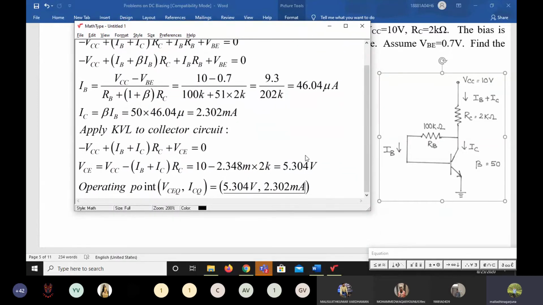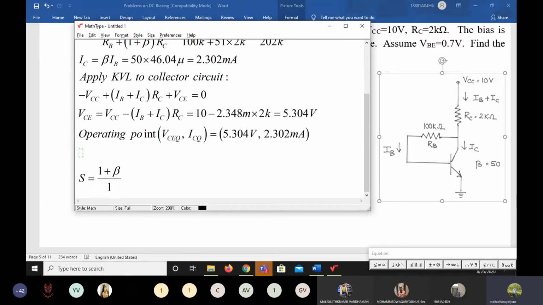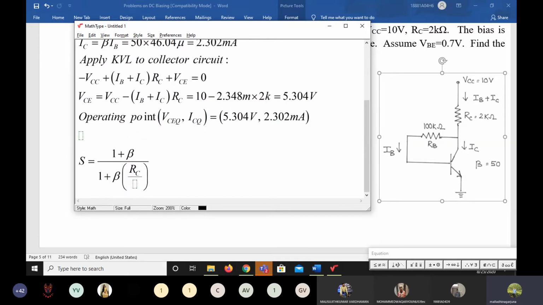Then we have to calculate the stability factor. S is equal to, we know the direct formula, 1 plus beta divided by 1 plus beta into RC divided by RB plus RC.